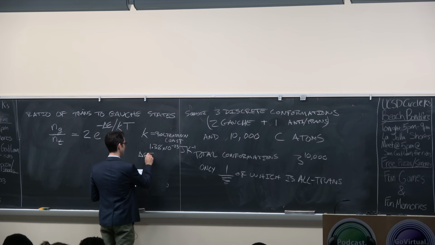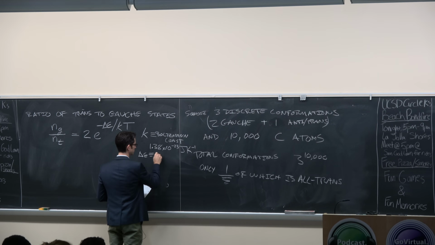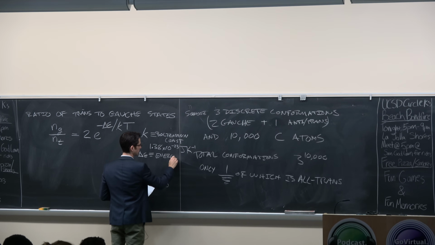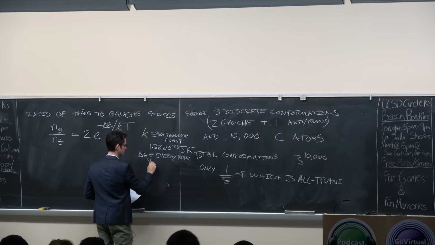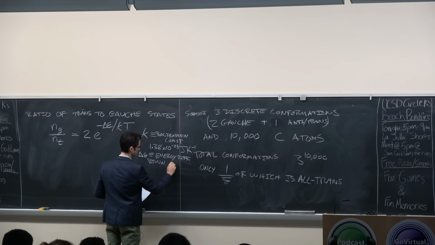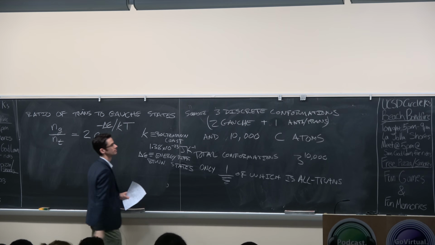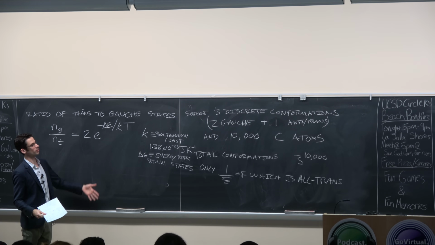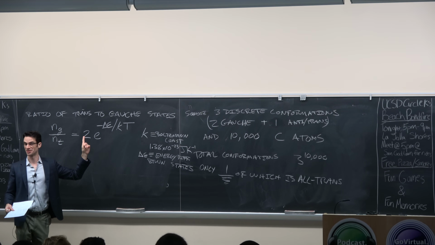delta E is the energy difference between, let's say, the two states. And I wish I had those boards that moved up and down so that I could still have the potential energy landscape written here. Of course, the bad news is that once per quarter I smash my finger in those things.